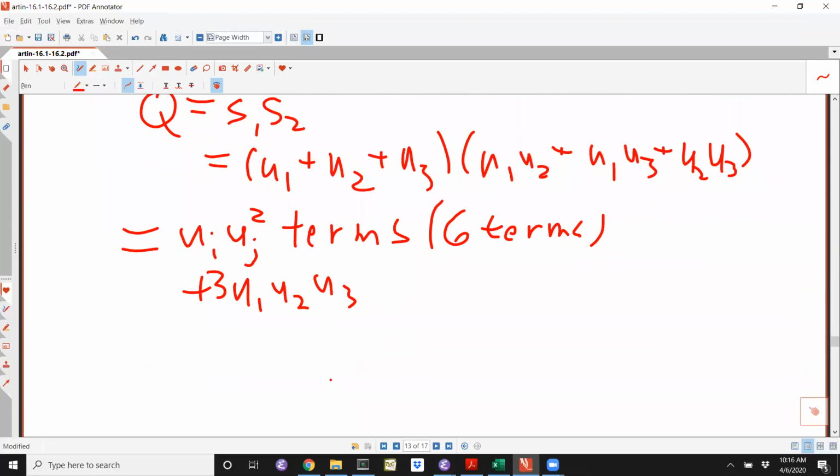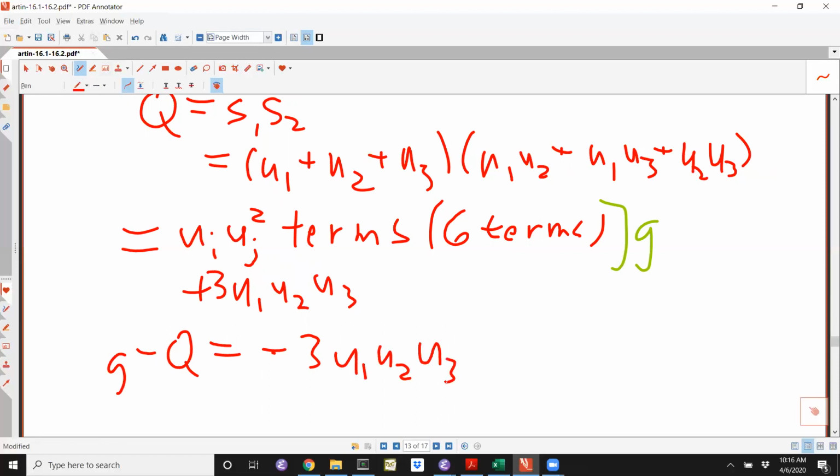So that means that G minus Q is equal to minus 3 times U1 U2 U3, because when we look at those 6 terms of the form UI UJ squared, this is exactly G. And so lo and behold, G minus Q is equal to minus 3 S3.